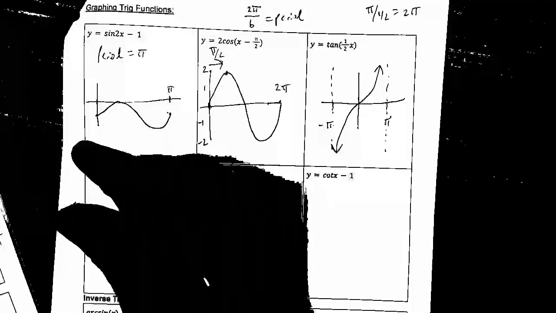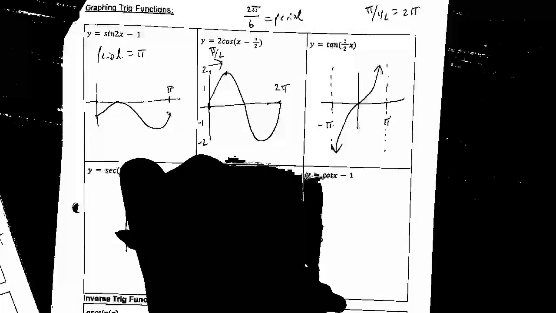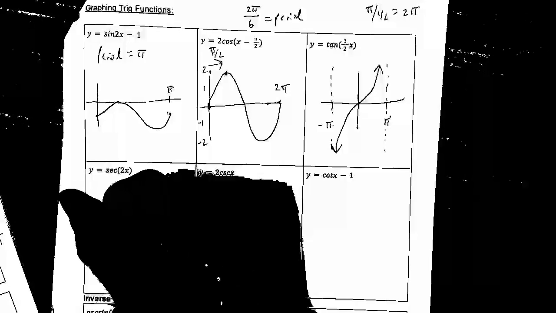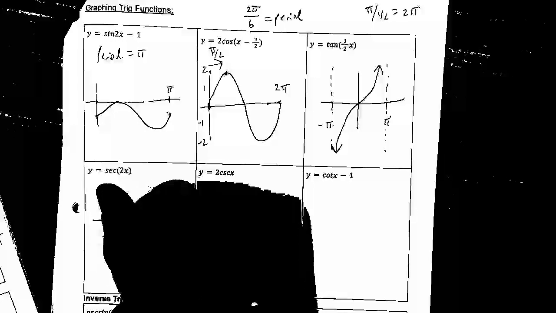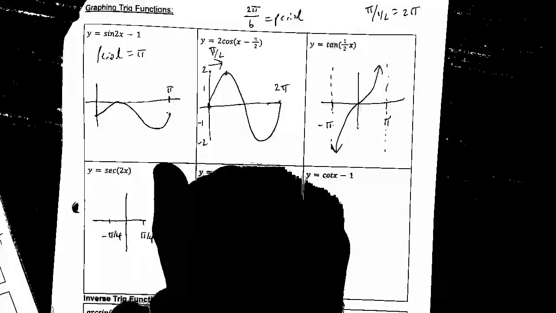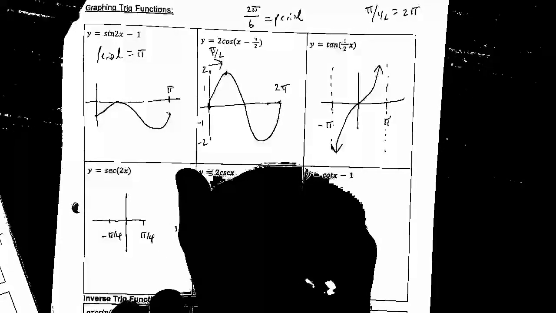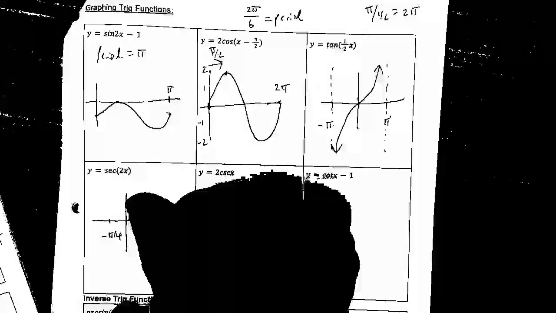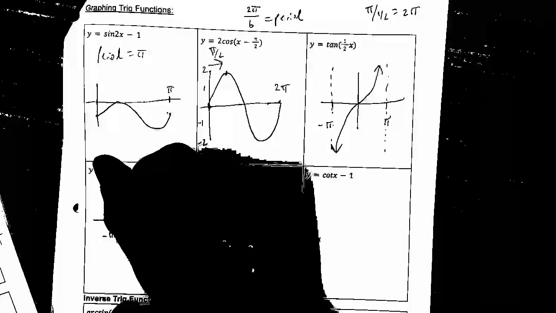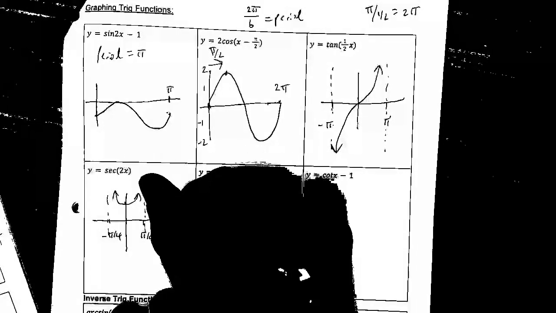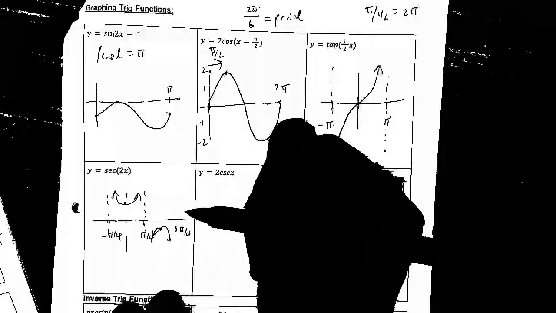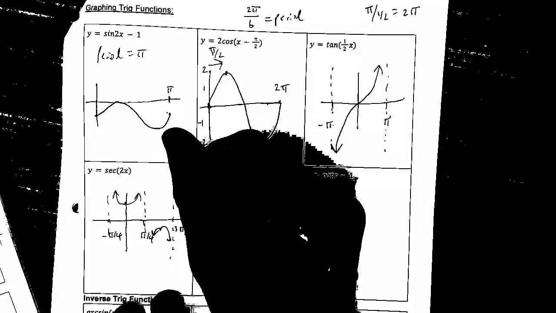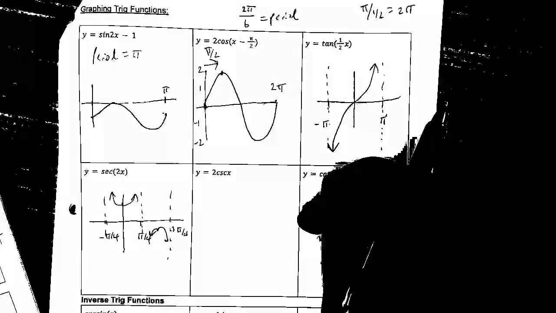So what that would look like is it would be negative pi over 4, pi over 4, 3 pi over 4, right? These would be the vertical asymptotes, rather than pi over 2.